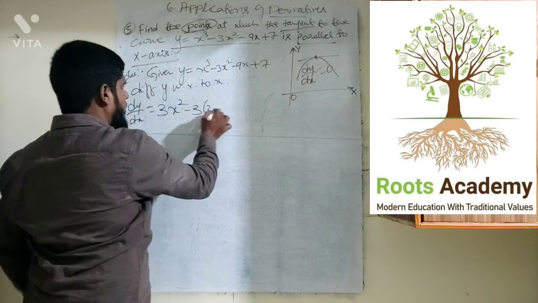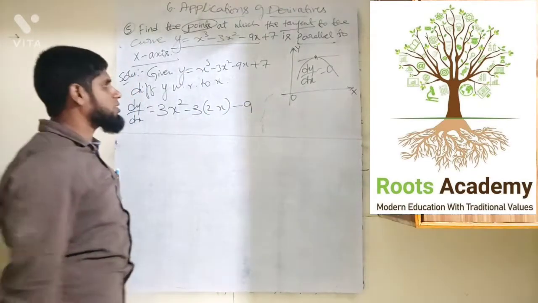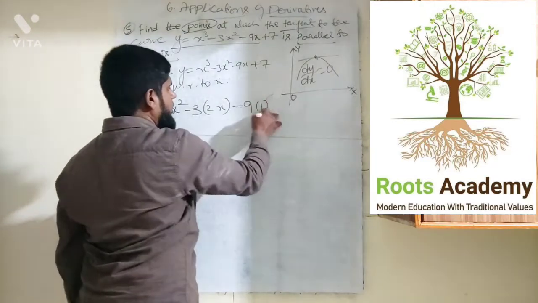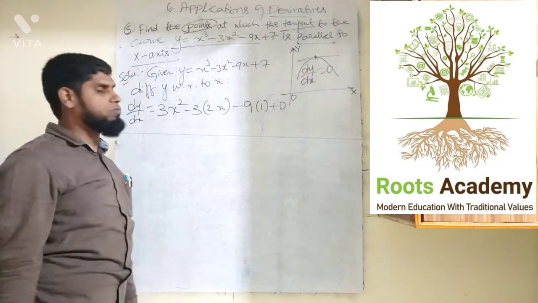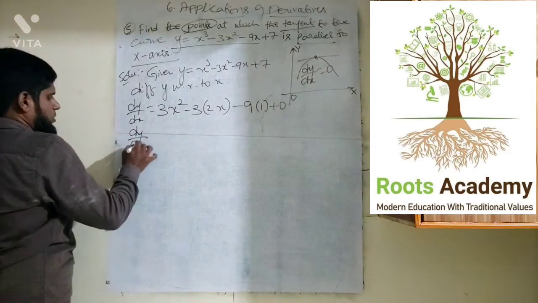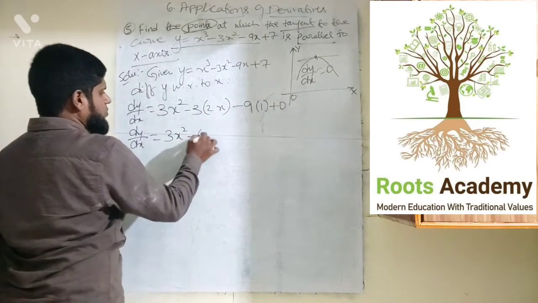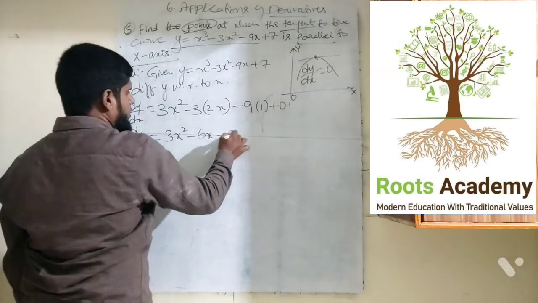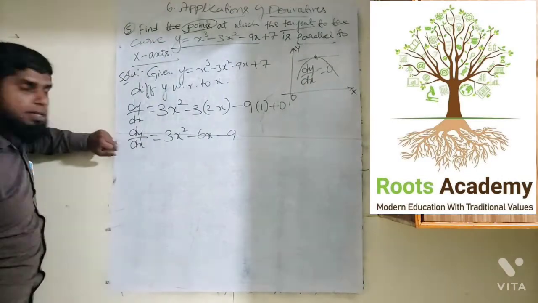Derivative of x square is 2x, minus 9 also as it is. Derivative of x is 1, plus derivative of constant is 0. So dy by dx is equals to 3x square minus 6x minus 9. Student, this is our dy by dx.